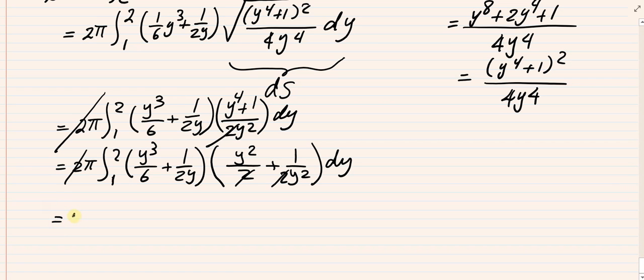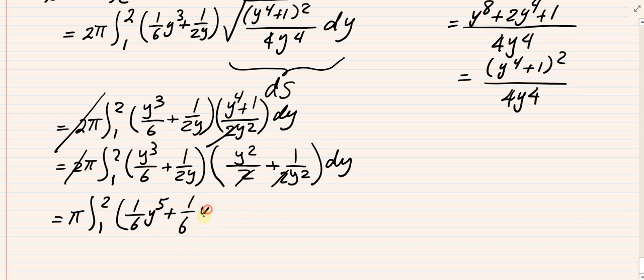Therefore, this is going to be pi integral from 1 to 2, and I can just FOIL these now. y cubed over 6 times y squared, that would be 1/6 y to the fifth, plus y cubed over 6 times 1 over y squared. That's going to make it 1/6 y.